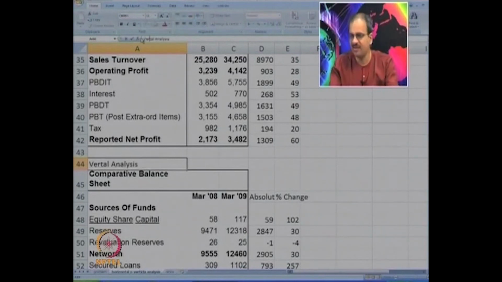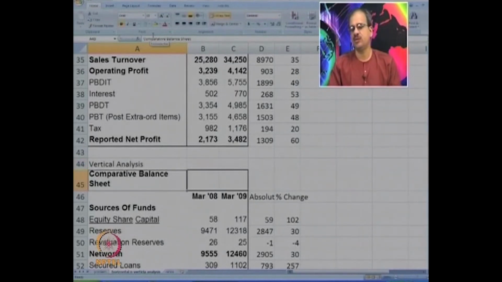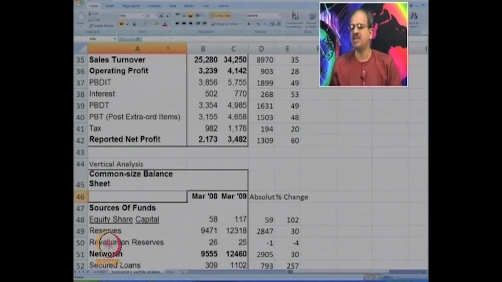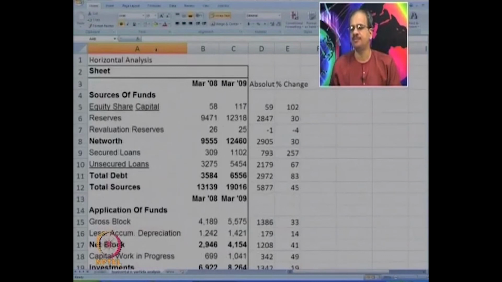Just try to remember, we have discussed it in our earlier sessions. So we have made a comparative statement. Now we will try to make a statement which is known as a common size statement, right?